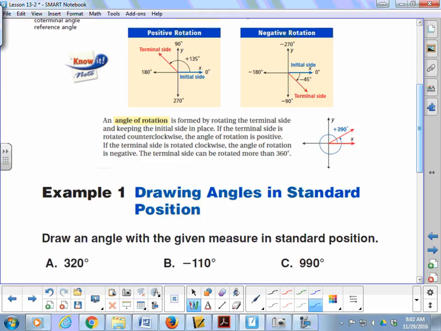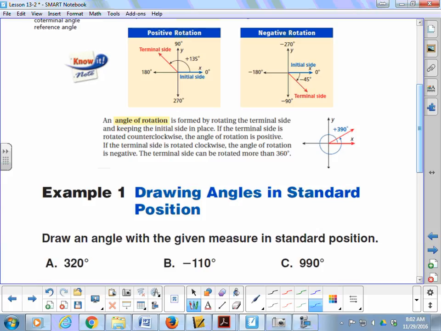So an angle of rotation is formed by rotating the terminal side and keeping the initial side in place. Notice here then they show an angle of 390 degrees. So it shows that it had to go all the way around once, plus it went an additional 30 degrees to get to the 390 degrees.